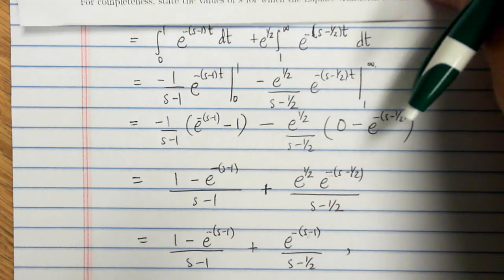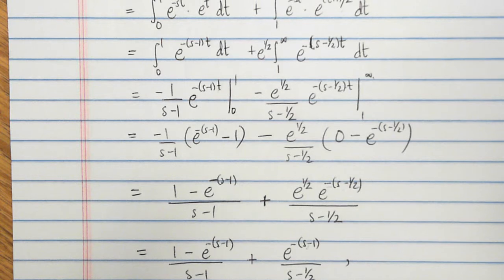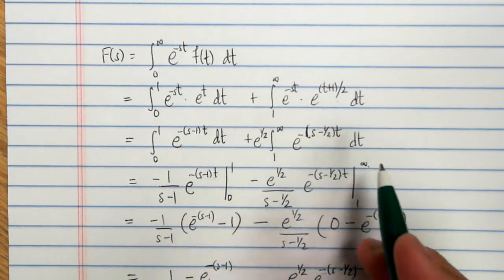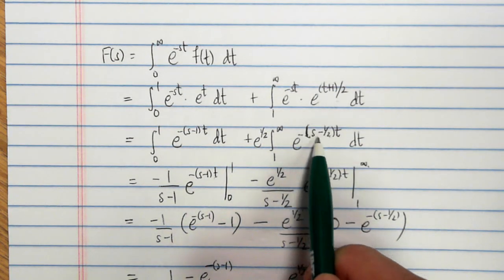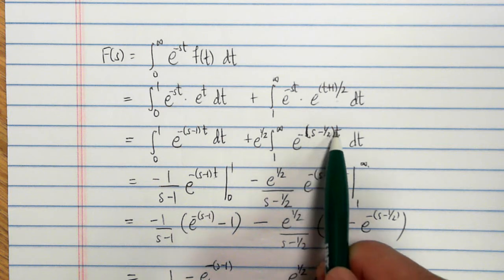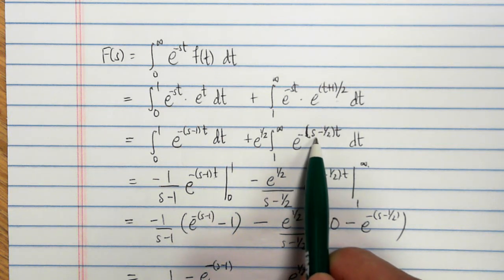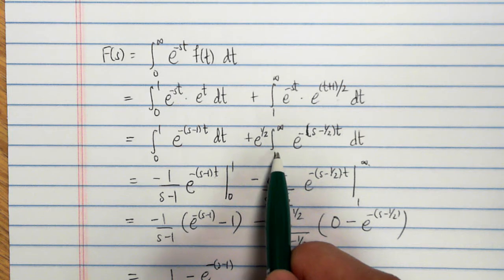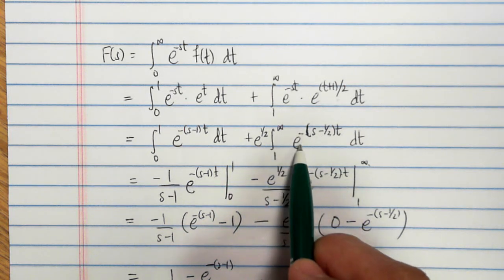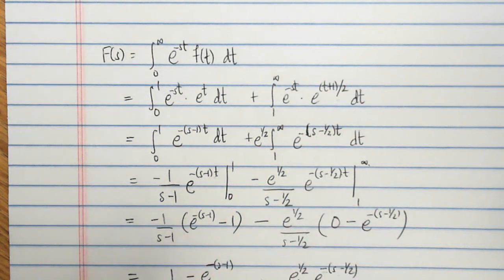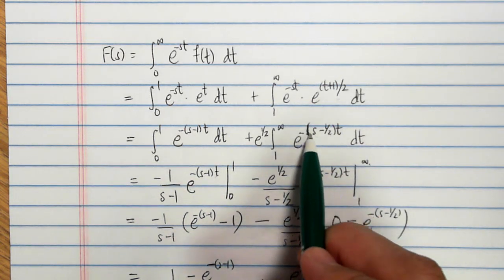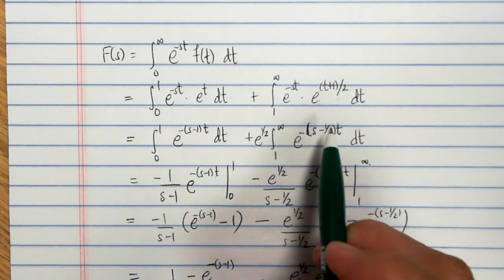Okay, so that's that. Now let's take a look back to see where this integral is defined in the first place. This integral is going to be defined as long as this part here is greater than 0. So this is the part of the integral that goes from 1 to infinity. And I have e to the minus something, so this is going to converge as long as I have a negative number here in front of the t.